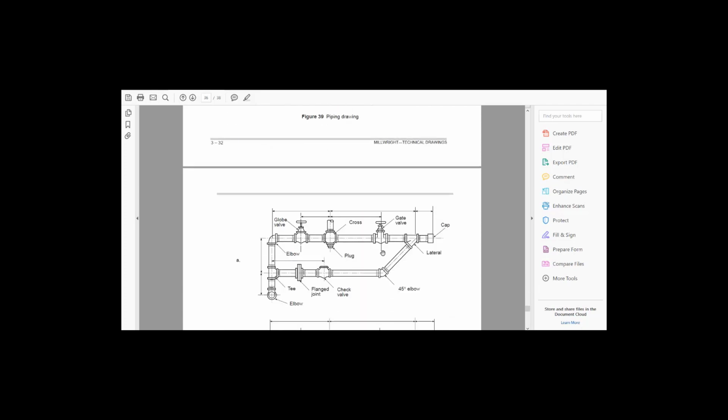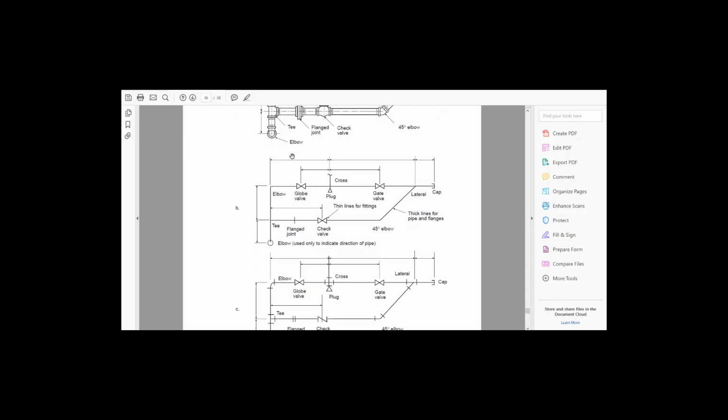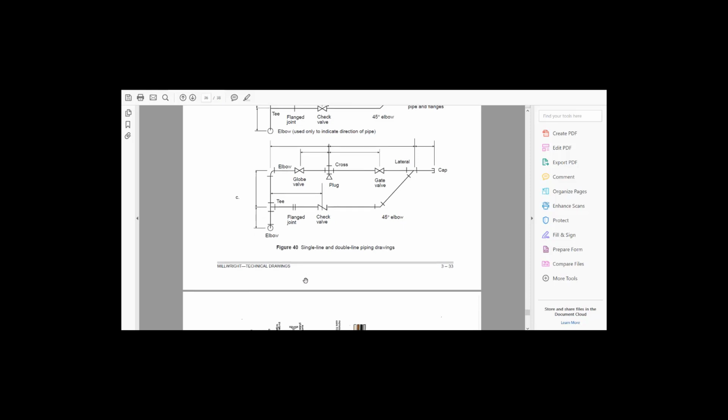For double line drawing, you will see something similar to this representation or diagram. So double line, 1, 2 lines, makes it almost a pictorial representation of the lines. And again B and C are the single line representation of the piping diagram.